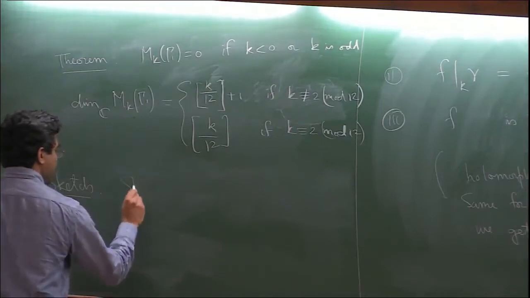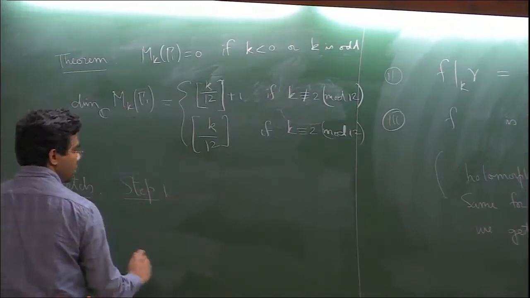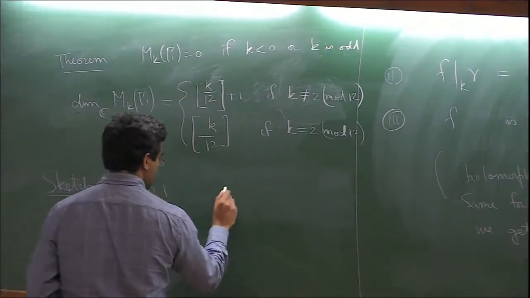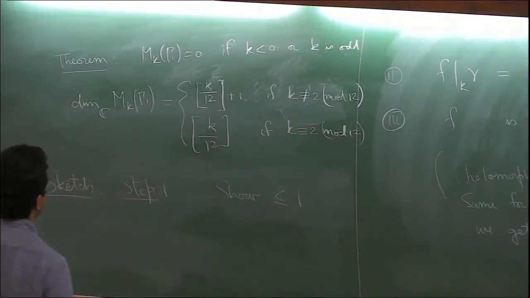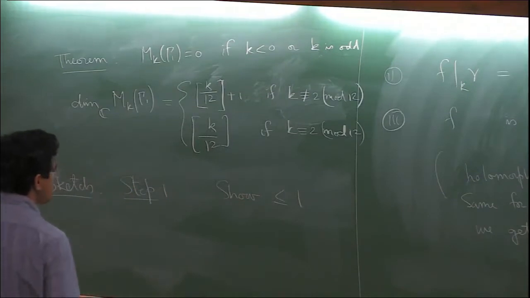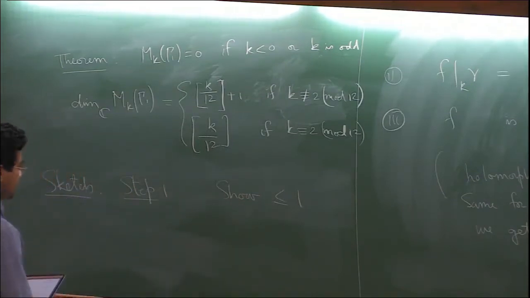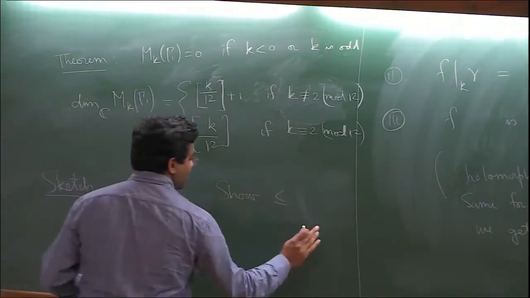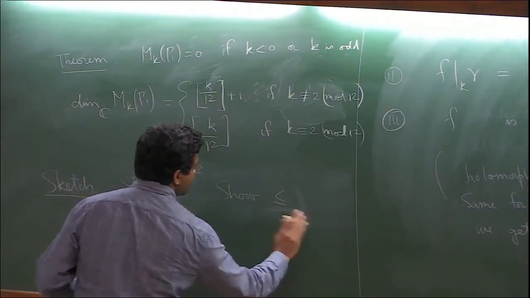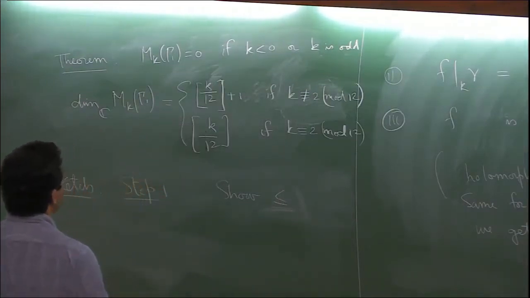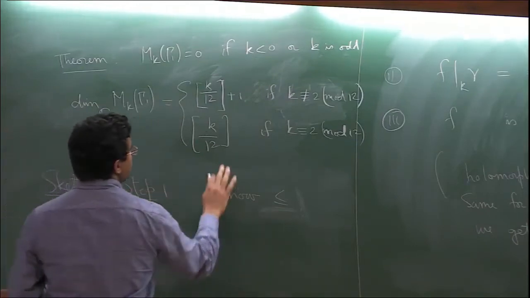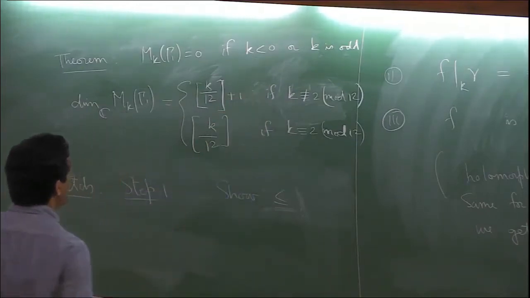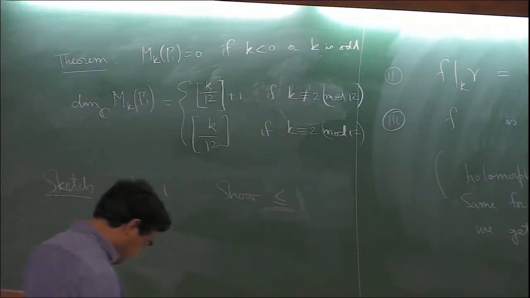The first step is to show the inequality, and then the equality will be shown after I introduce Eisenstein series. So the first thing is to show that the dimension is less than or equal to this, and this already shows why these two cases appear.